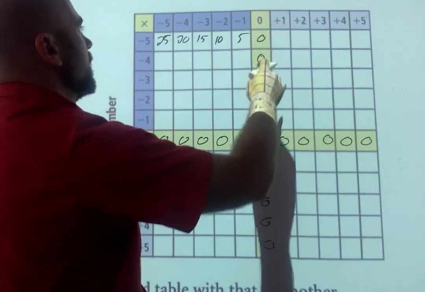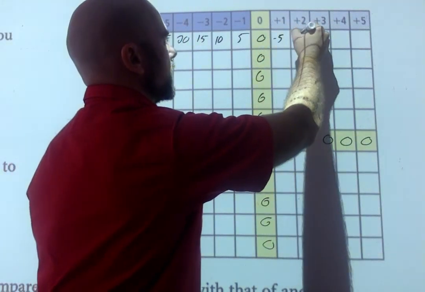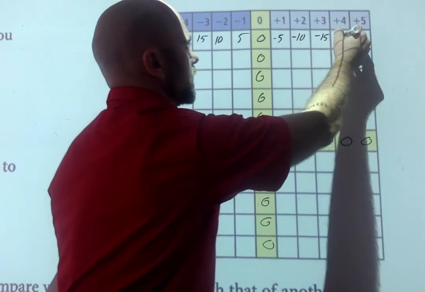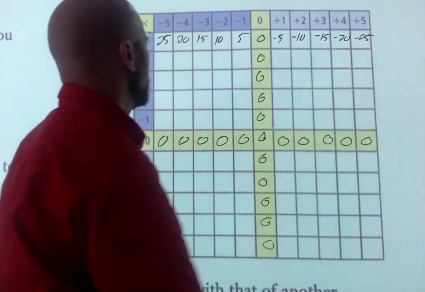Okay. And then if I go the other way, I'm going to get negative 5, negative 10, negative 15, negative 20, negative 25.